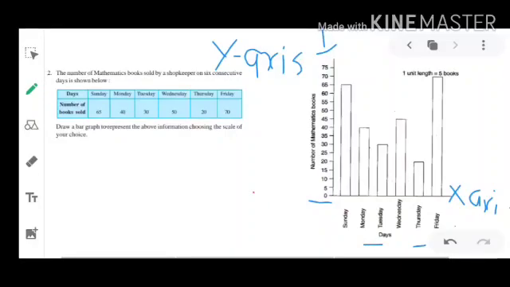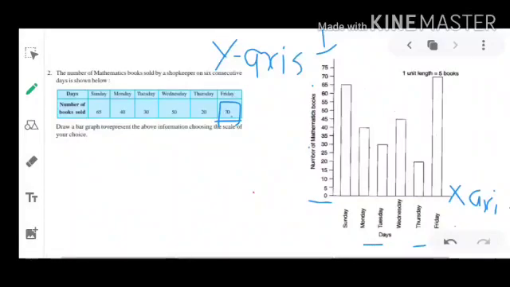Okay. Yes, students, we go ahead. Our scale is 5, 10, 15, 20, 25, 30, 35, 40, 45, 50, 55, 60, 65, 70 and 75. We are going up to 70 because here the highest number is 70.